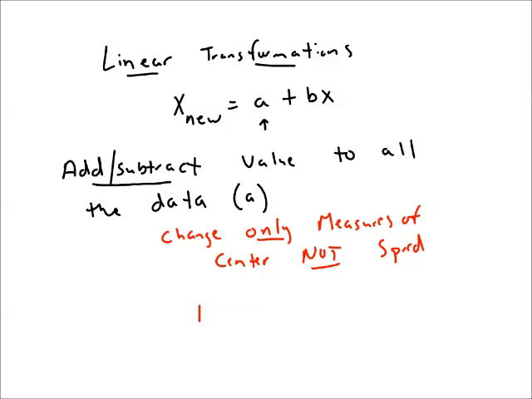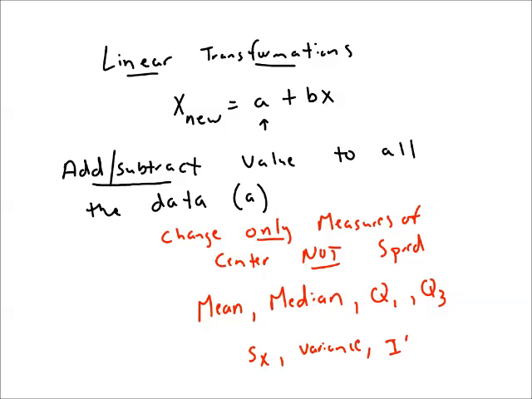That means we change mean, median, and the quartiles, Q1 and Q3. Standard deviation, variance, IQR, all that stuff is not changed, only measures of center.